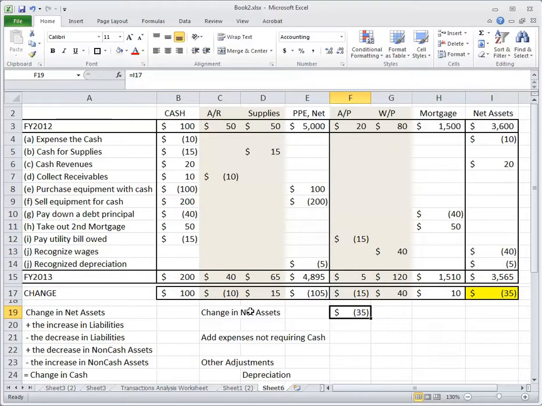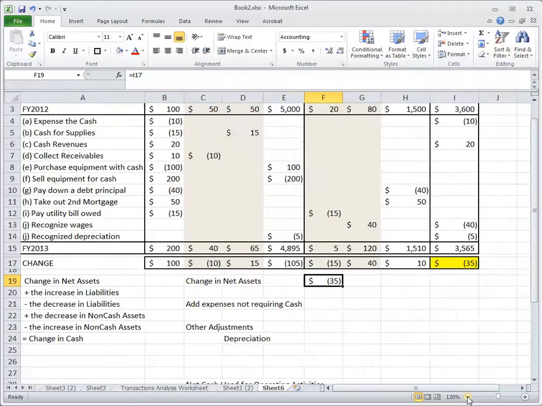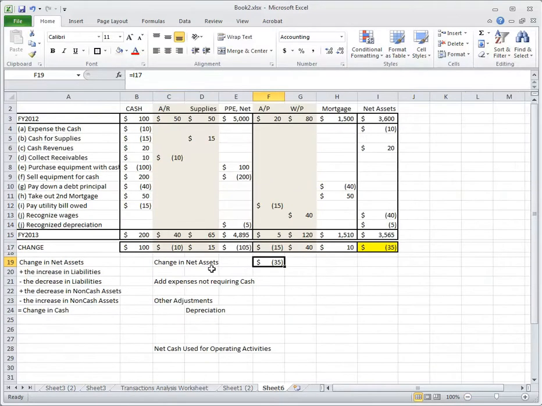So here, I'm just going to zoom out a little bit. Here we have the change in net assets. Here is a negative $35. The first thing we want to do is add back in any expenses that don't involve cash. So if there's an expense in here that is not going to turn into cash, let's start here.